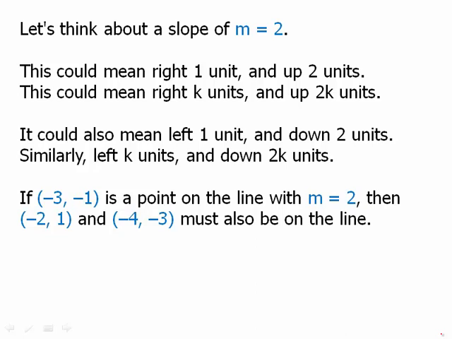Or we could start at (-3, -1), and we could go to the left 1 and down 2. So if we start at -3 and we go to the left 1, we get to -4. If we start at -1 and we go down 2, we get -3. So (-4, -3) is also a point on this line. So given a point and a slope, you should be able to find other points.